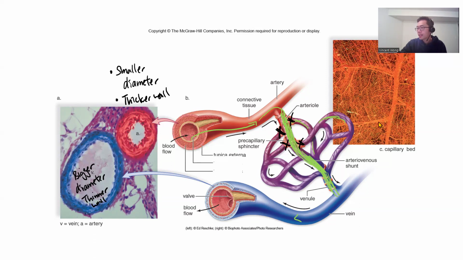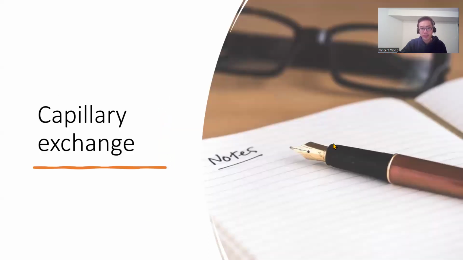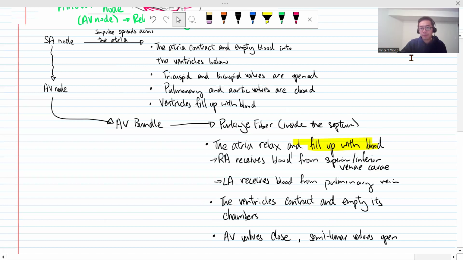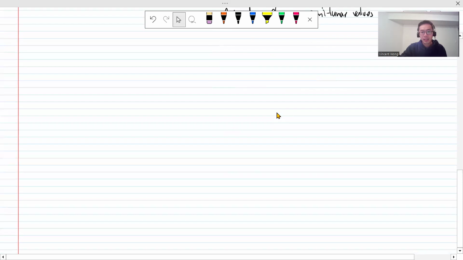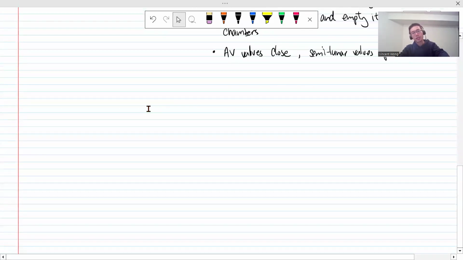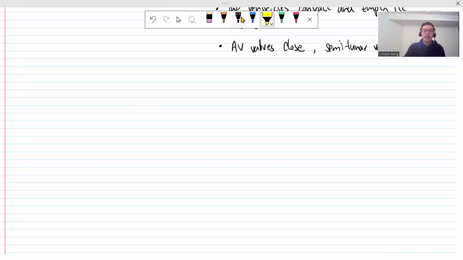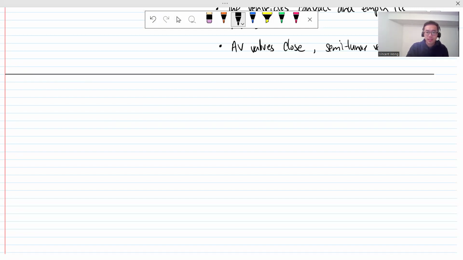All right, we're going to take a very long note next. It's called capillary exchange. Hopefully you have some colors, I would say at least 3 colors would be nice. Don't do it in black and white, it wouldn't really make sense. So here we go.